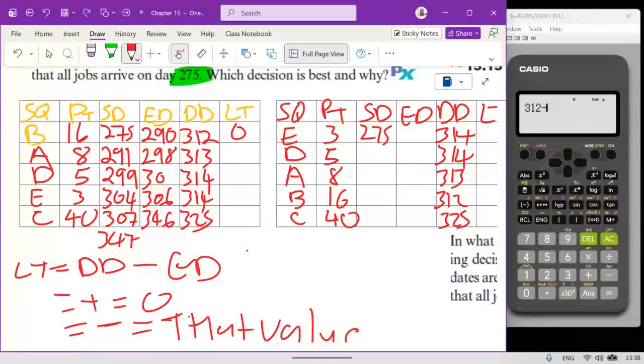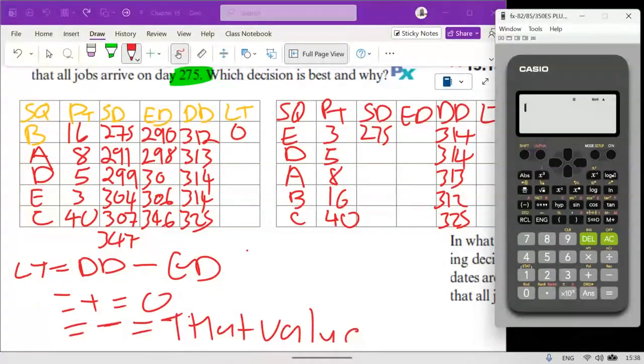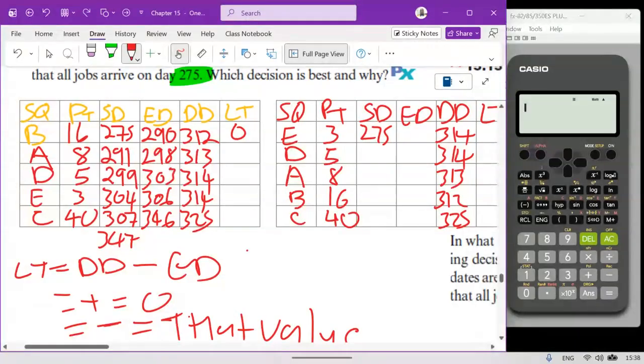Then 313 minus 298 is also a positive value, which is going to be 0 again. And then 314, that one is 0 again. 314, 0 again.